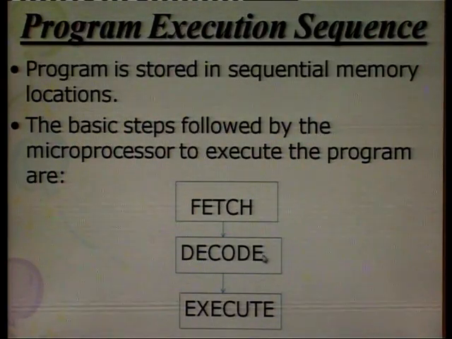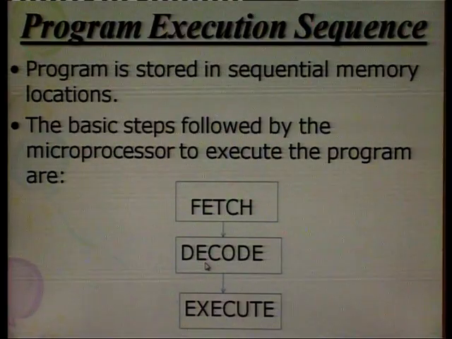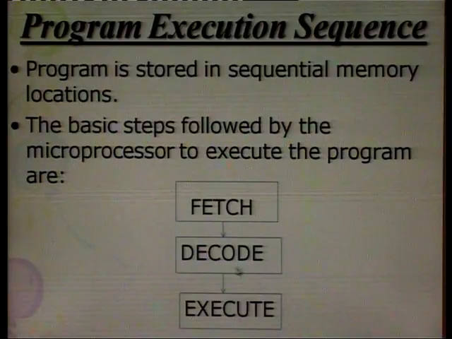Now, the next operation is the decoding of the fetched code. Decoding means the microprocessor has a particular meaning for every combination of 0s and 1s it receives, so it is designed to perform according to the codes given to it.